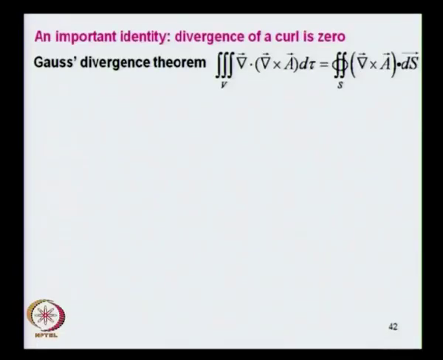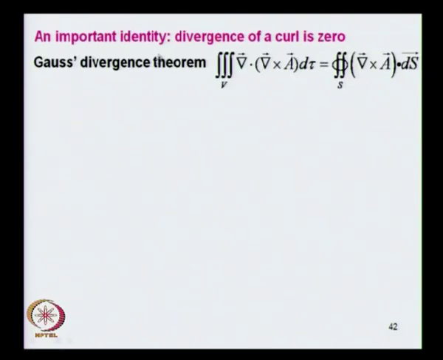You can see this result very easily. We will prove it using Gauss's divergence theorem, which connects the volume integral of the divergence of a vector with the surface integral of that vector, with the difference that the vector under consideration is the curl of a vector, but it is a vector nevertheless. The curl of a vector defines a vector point function, and you can apply Gauss's divergence theorem to it, which is exactly what is done in this equation in front of you.